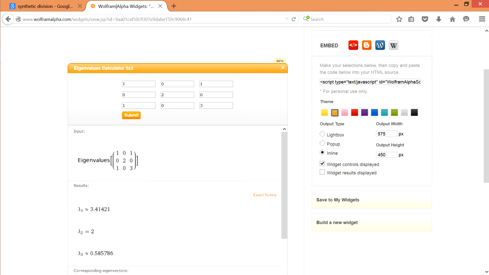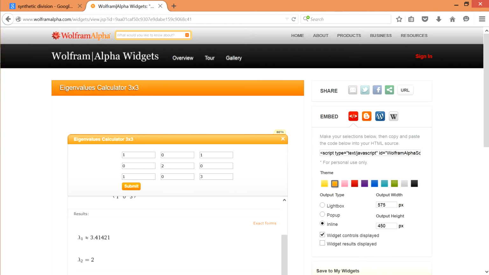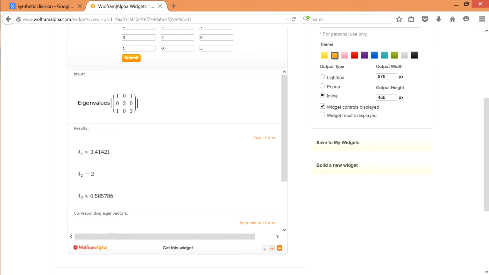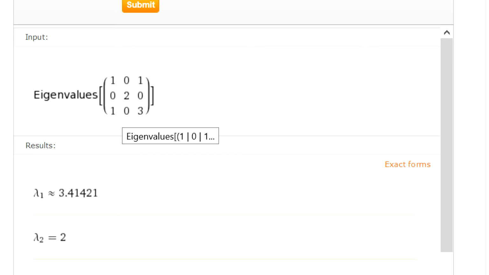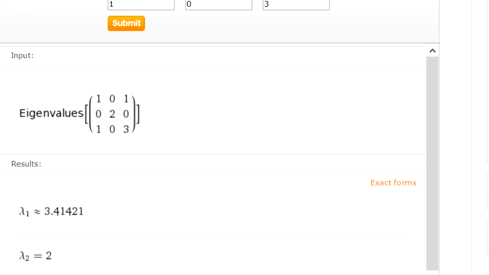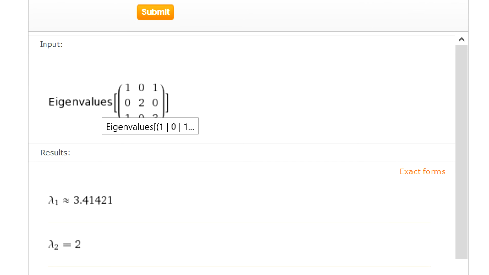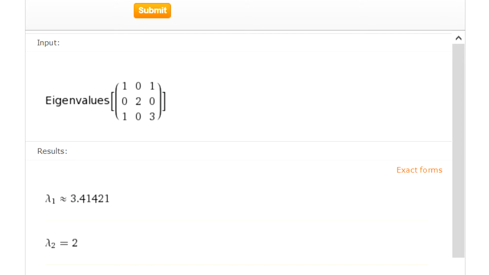So assuming you have a matrix of this form, 1 0 1, 0 2 0, and 1 0 3.